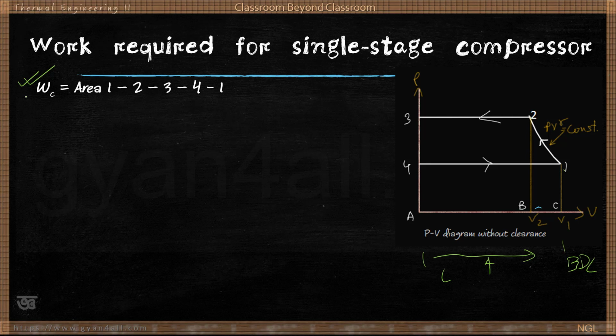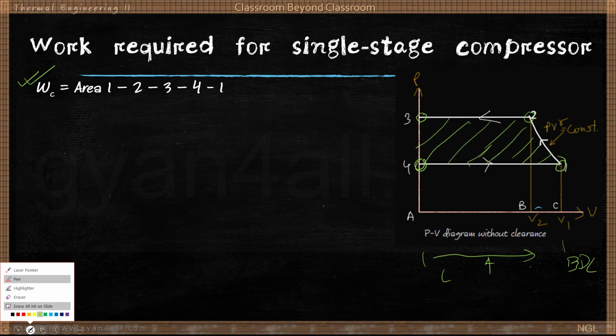I have already mentioned this is the area under the curve. Now, which area? Since the whole cycle is 4, 1, 2, 3, the area will be 1, 2, 3, 4 and 1. That means this is the area which represents the work done on the compressor. Now, we can calculate this area, and we can make it much easier.